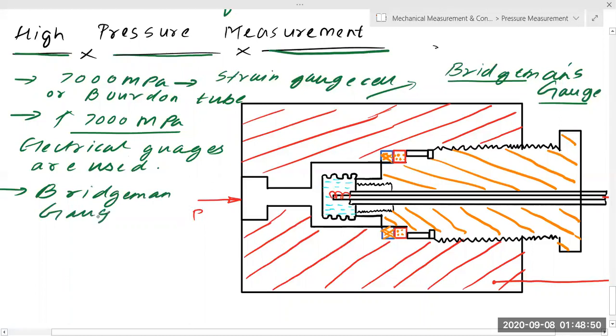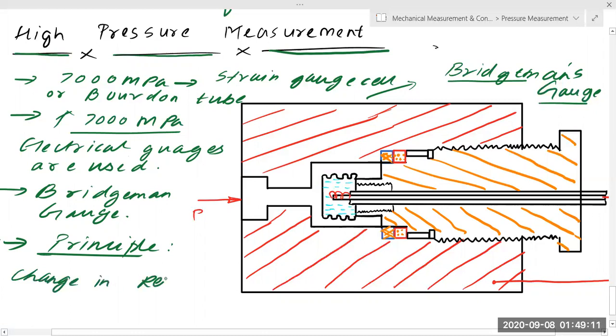Now, what is the principle of working of the Bridgman gauge? I'll explain. It works on the principle that a change in resistance will lead to a change in pressure.